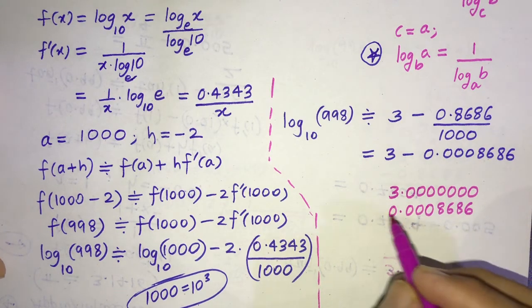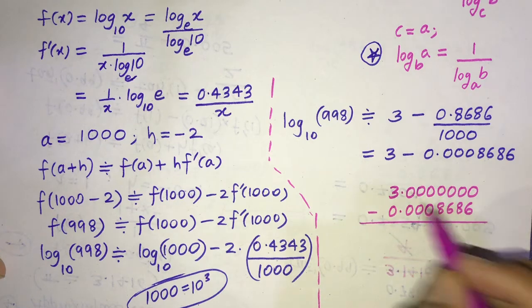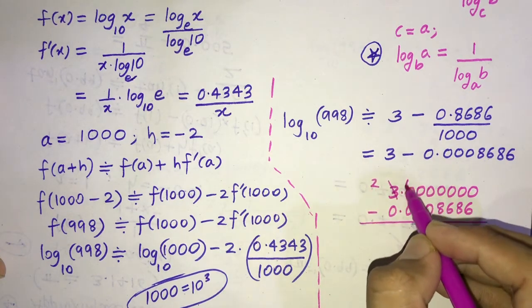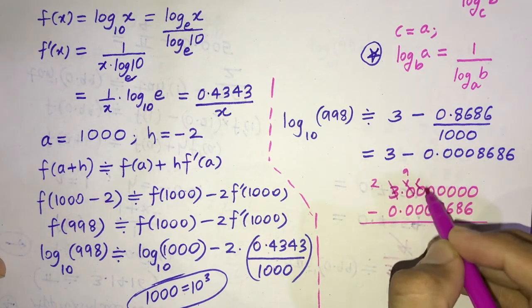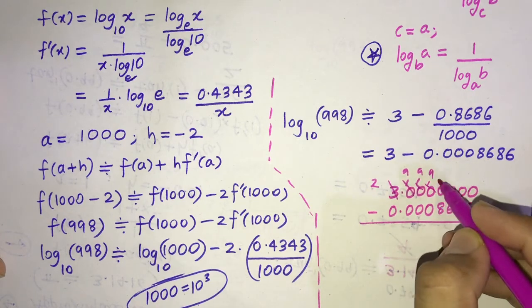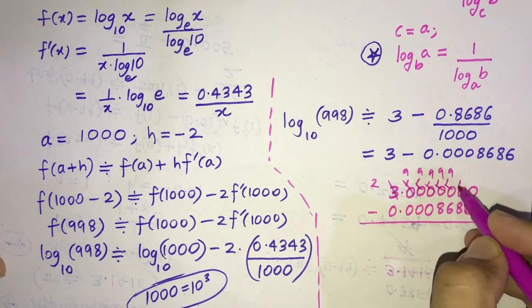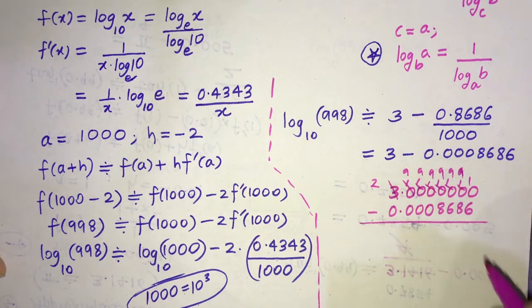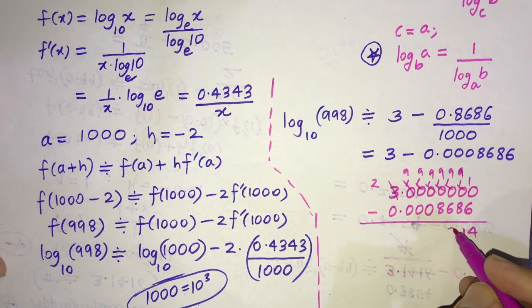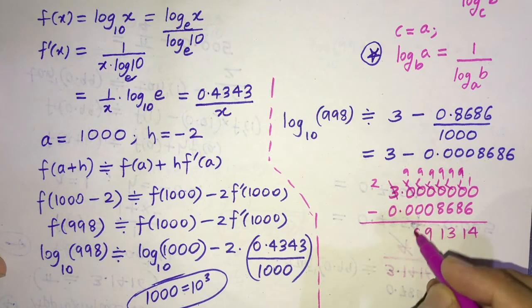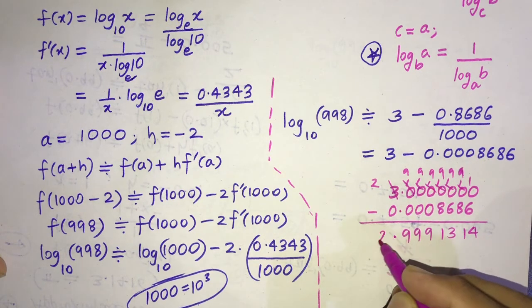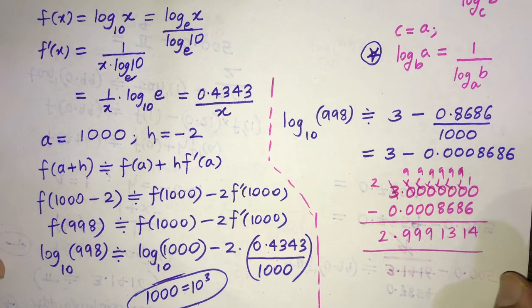Subtract करेंगे हम लोग, and after subtraction we are going to get, यहाँ पे हो जाएगा 2, 10, 9, 9, 10, 9, 10, 9, 10, 9, कंटिन्यू करेंगे 10, 4, 1, 3, 1, 9, 9, 9.2, 2.991314. That should be the approximate value. That is the final answer.